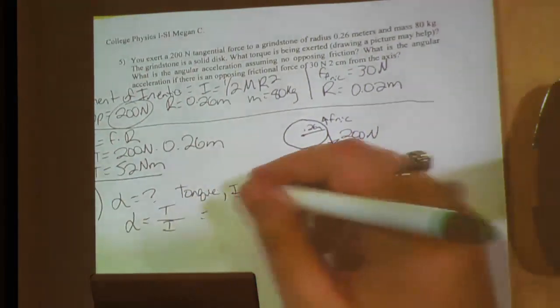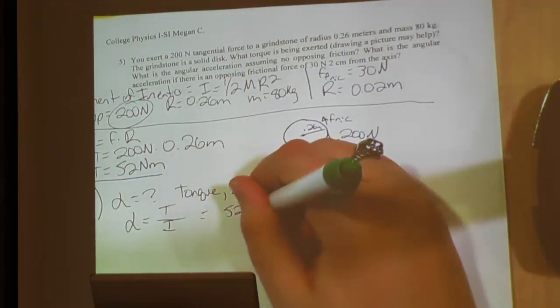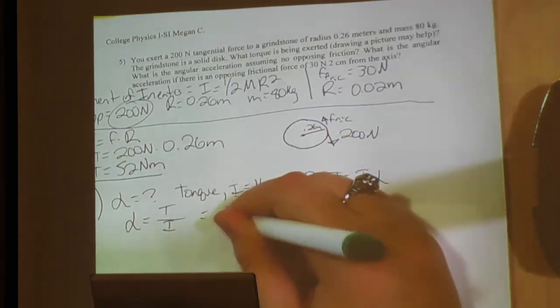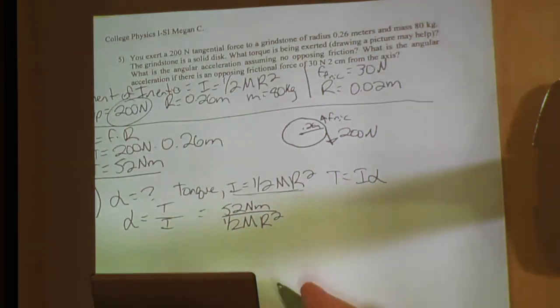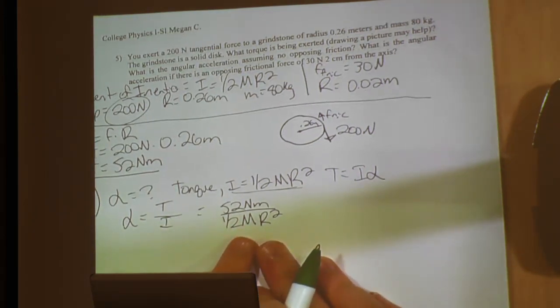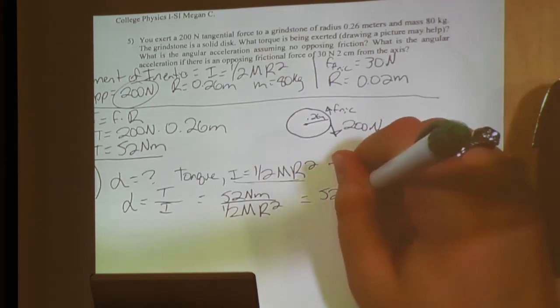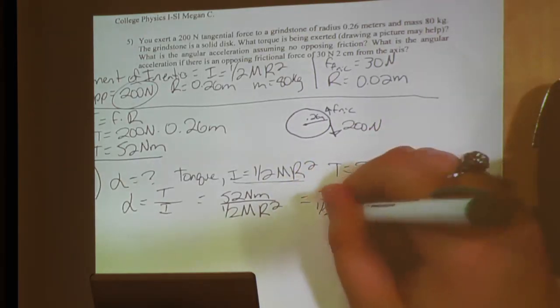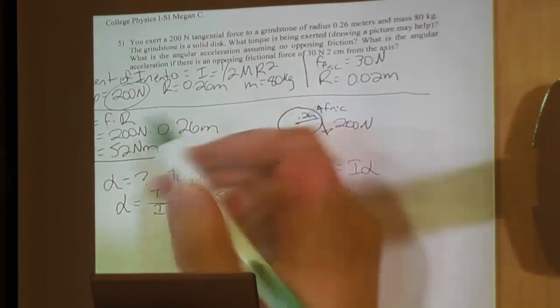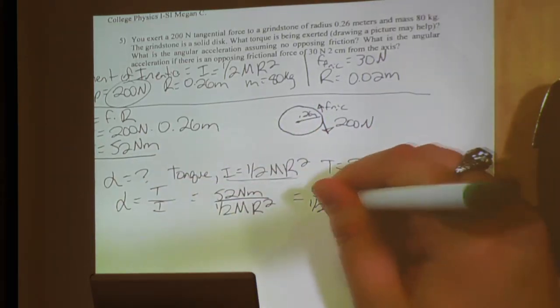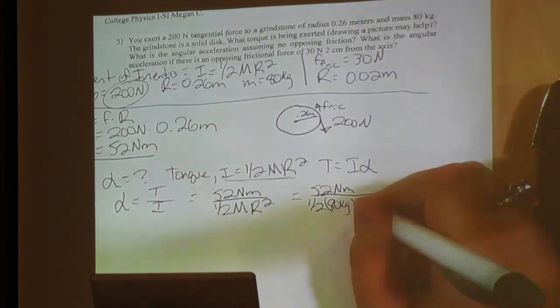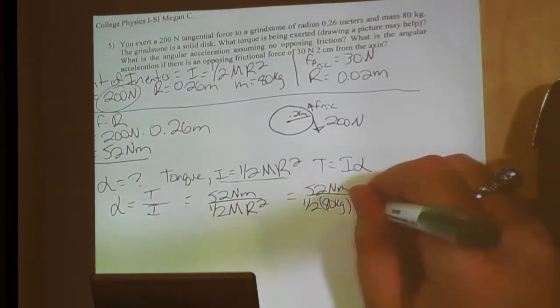This is going to be equal to the 52 newton meters that we just calculated over the 1/2 mr squared. So we have mass that was given, we have radius that was given, so this is just a plug and chug, 52 newton meters over 1/2 times, I don't remember what the mass was, 80 kilograms, sorry. 80 kilograms times the radius, which was the 0.26 meters.